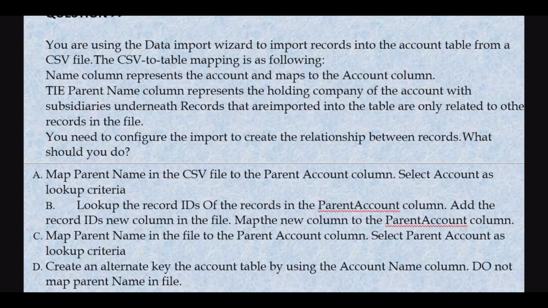Records that are imported into the table are related to other records in the file. You need to configure the import to create a relationship between records. What should you do?